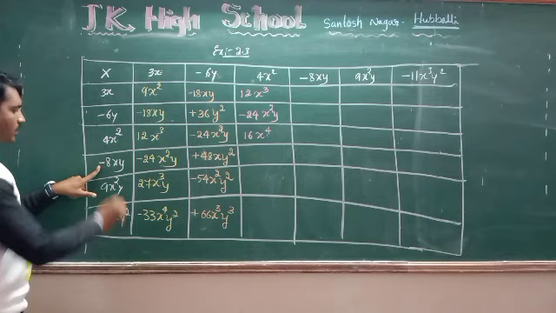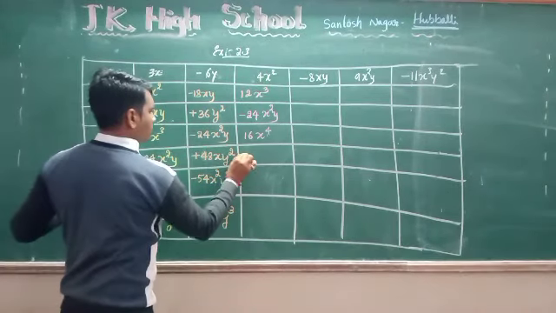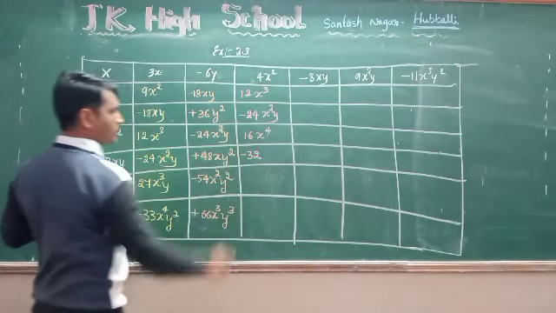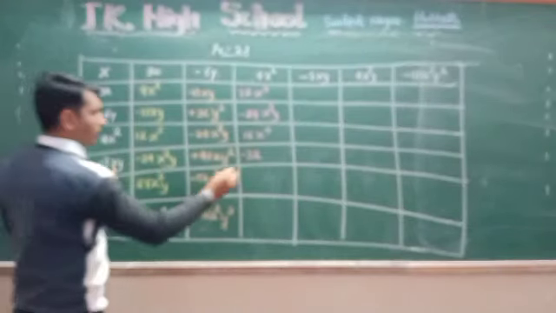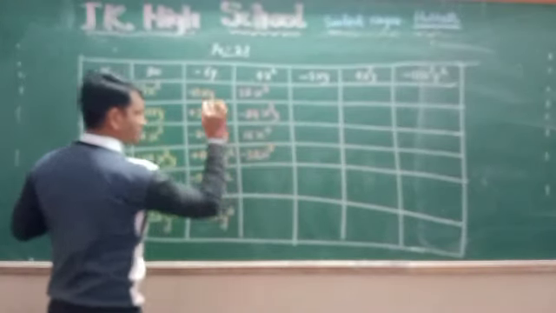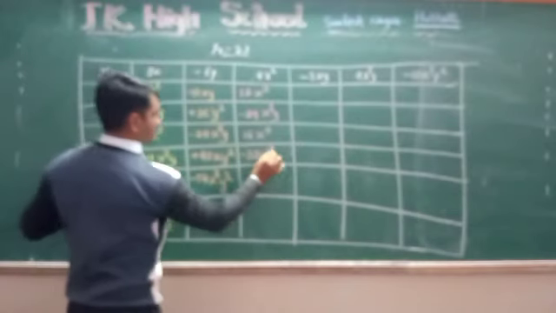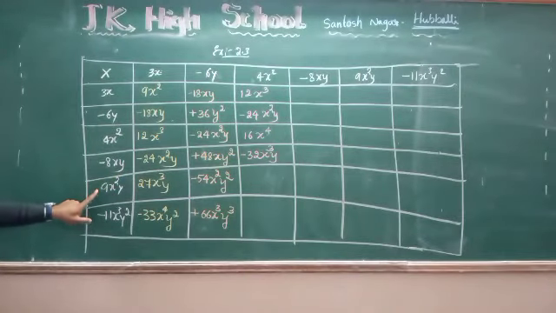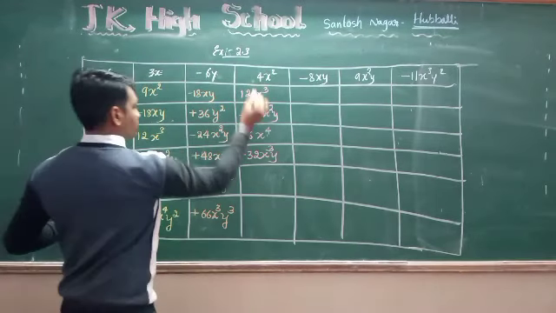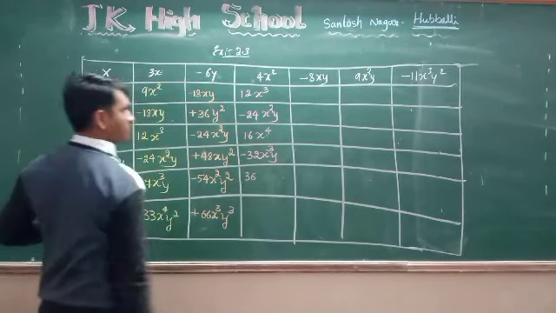Next term, 8 into 4, minus 32. 8 4s are 32. X into x squared, x cubed, y as it is. Correct? Come to the next one. 9 4s are 36.